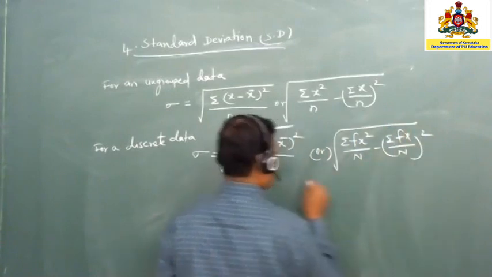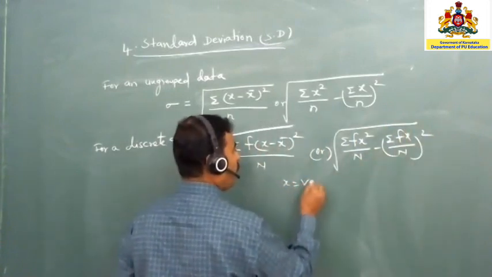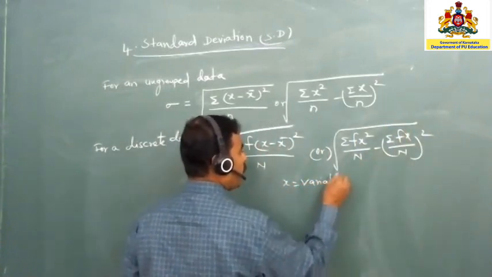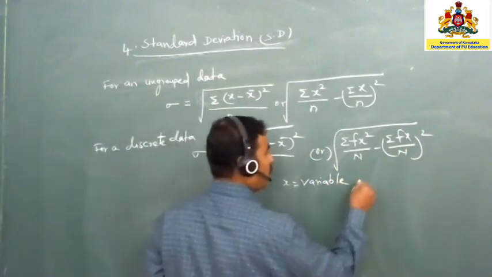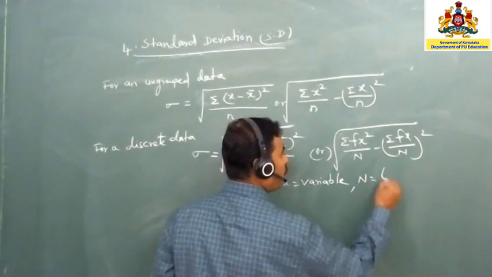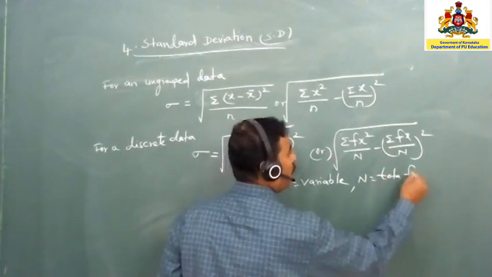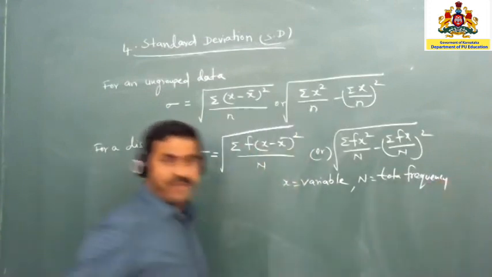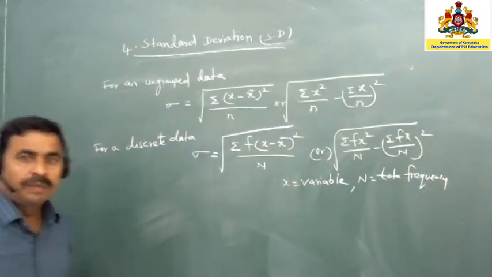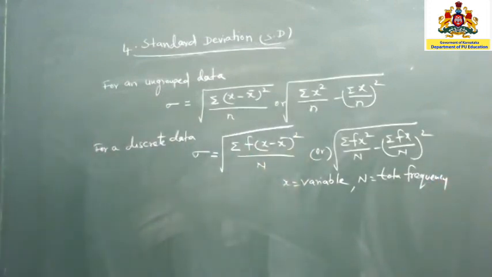Here x is the variable and n is the total frequency.